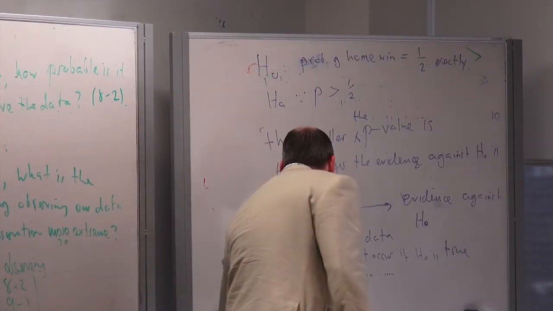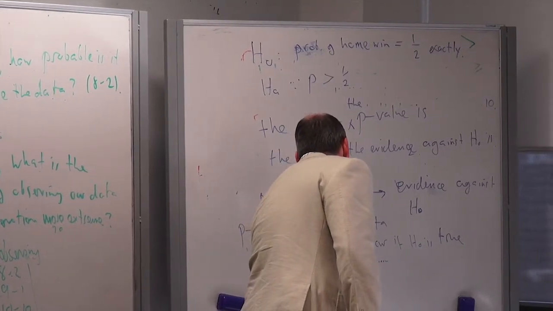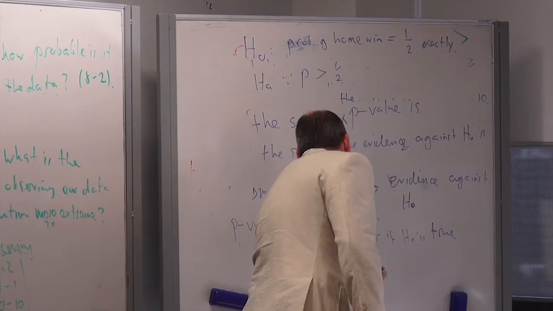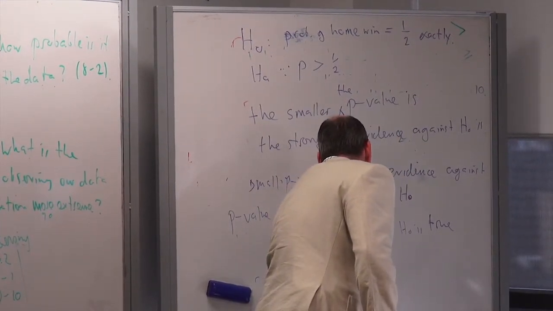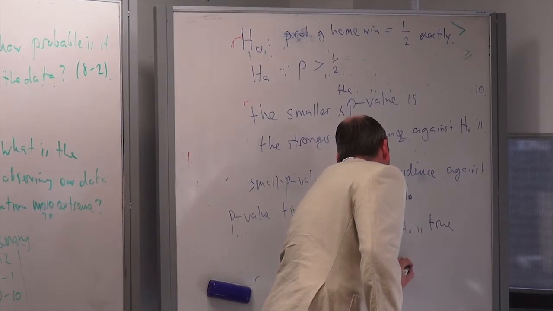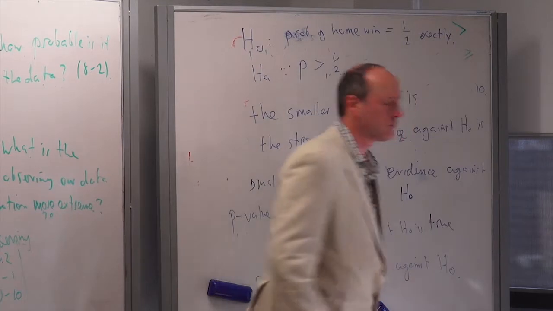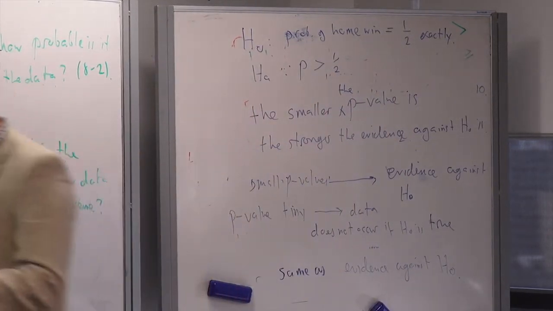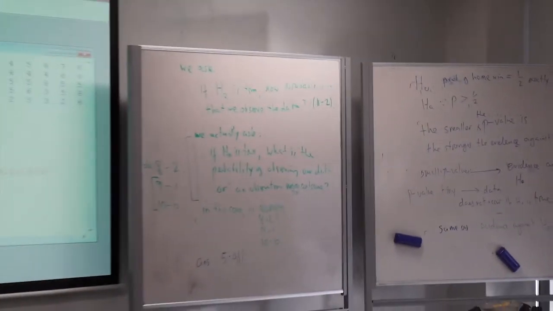And that is the same thing as evidence against H naught. Small p-values are strong evidence against the null hypothesis.